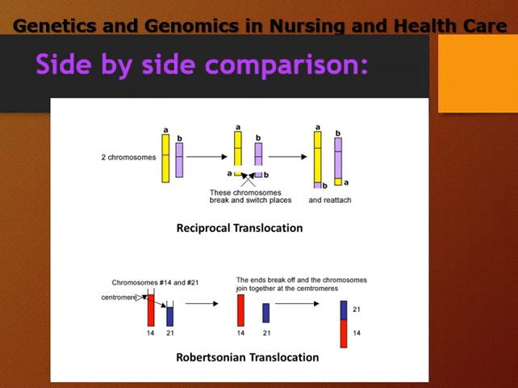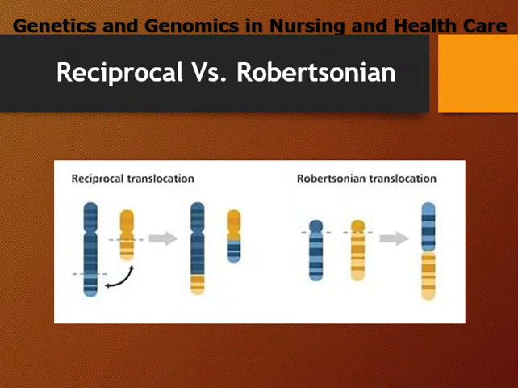And then down below, this Robertsonian translocation where you've got 2 that then fuse together to become 1. So again, it makes sense that the reciprocal translocation would be a 46 with the normal phenotype if it's balanced, and then the Robertsonian would be a 45 with the normal phenotype, being balanced. Again, another visual, reciprocal versus Robertsonian.